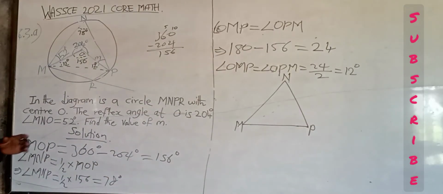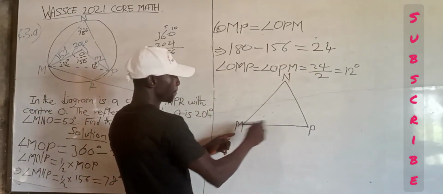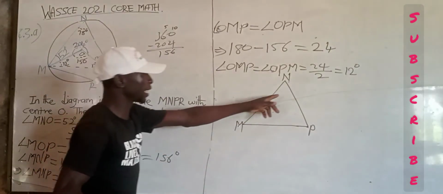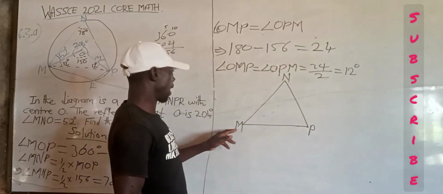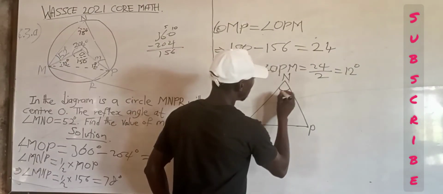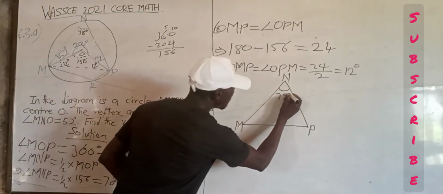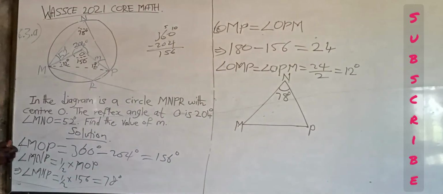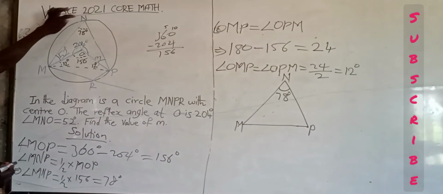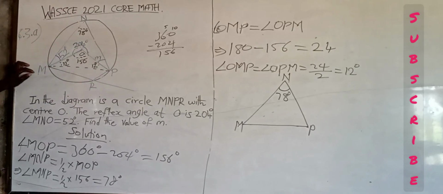We have N, M, P. What is the angle at N? That's 78 degrees. And what is the angle at M?